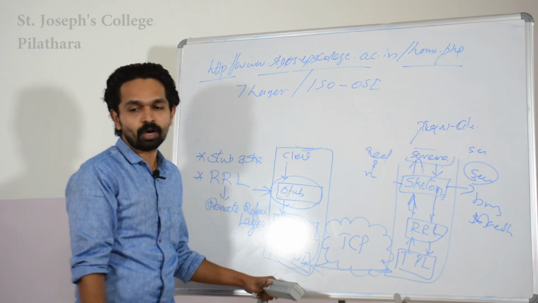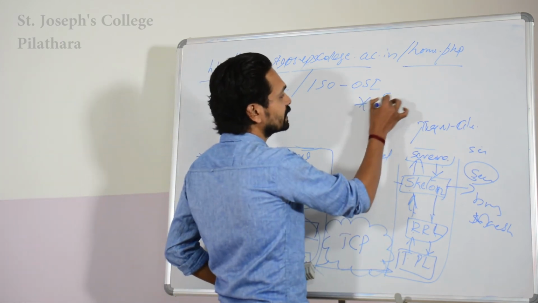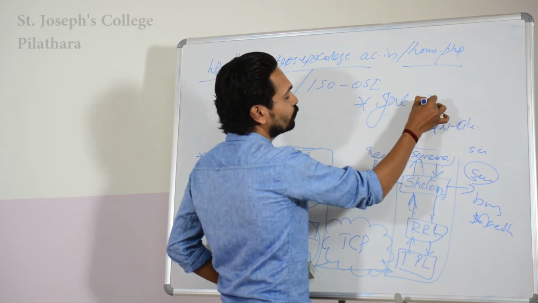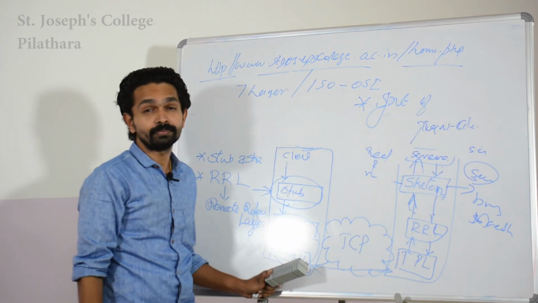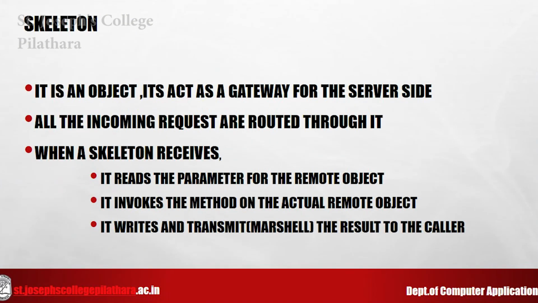This is an object that acts as the gateway of the skeleton, the gateway of the server side. You understand? Gateway of the server side. All the incoming requests are routed through it, all incoming requests routed to the server.